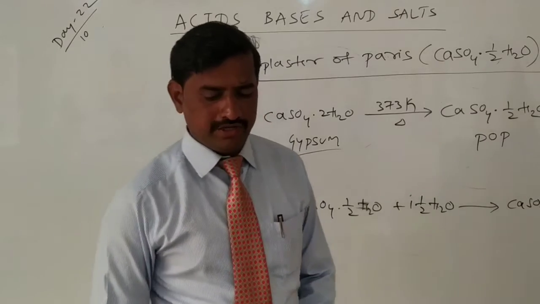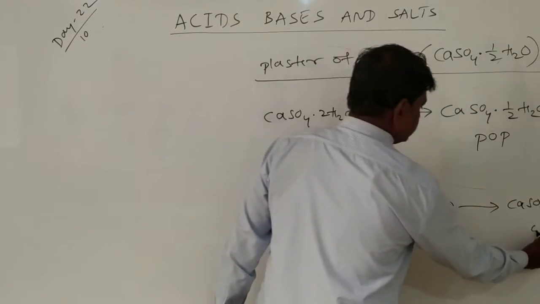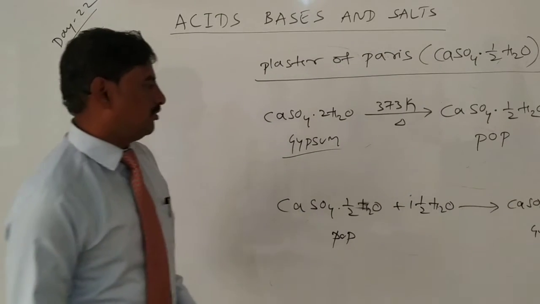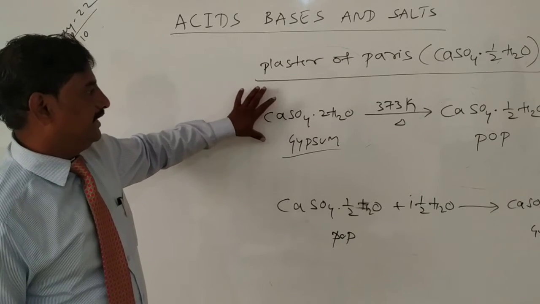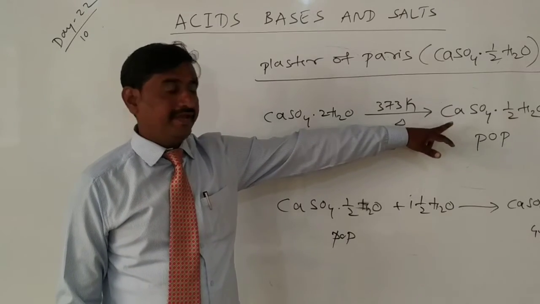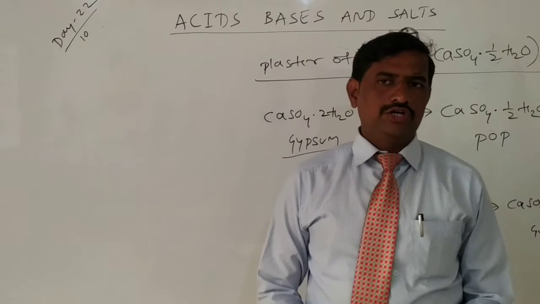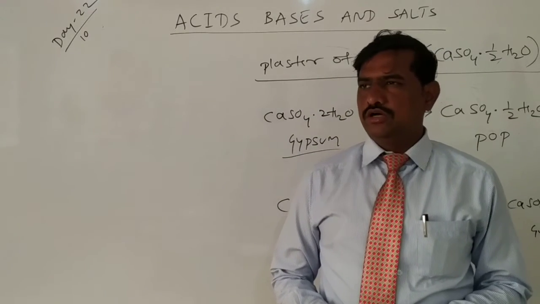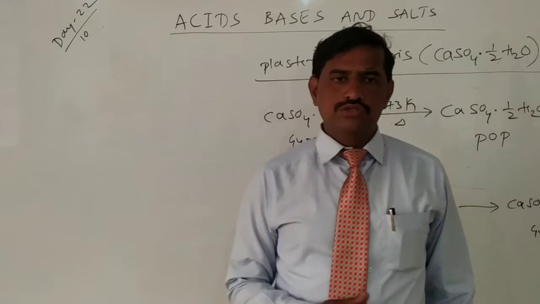Okay, moisture-proof container. So this is the POP, and here it is gypsum. Usually how is the Plaster of Paris obtained? By heating gypsum at 373 Kelvin, you get calcium sulfate hemihydrate. So that is POP. And where is it used? POP is used by the doctors, usually orthopedic doctors, for supporting broken bones.